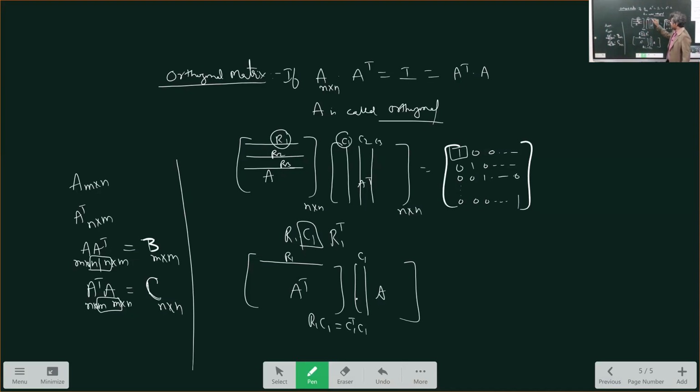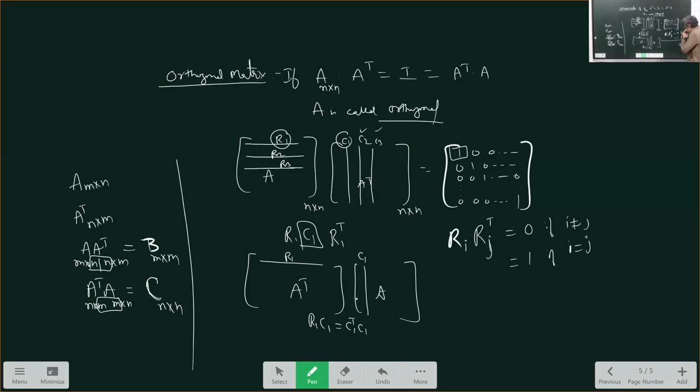And a row multiplied with any other row's transpose, I write as Ri Rj transpose, which will be 0 if i is not equal to j, and equal to 1 if i is equal to j.